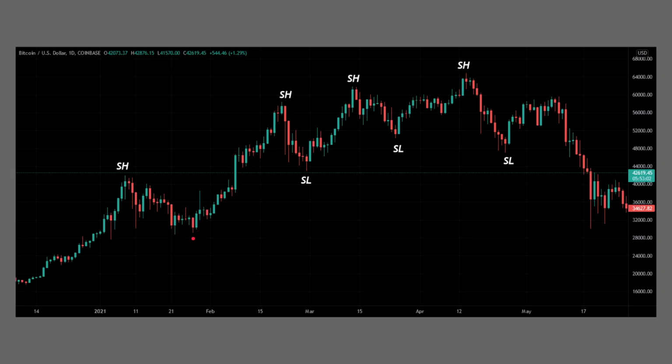If I did want to place a label for a swing low, I probably would place it here on the 21st when Bitcoin came to a low of about 29,000, give or take, or maybe around here. But generally, this greater structure could be seen as a swing low. There isn't necessarily one particular moment that I would say sticks out compared to the other examples that I have highlighted. And this is where it becomes subjective and varies from trader to trader. You might decide that, hey, I want to label this as a swing low. Other people might decide they don't want to.